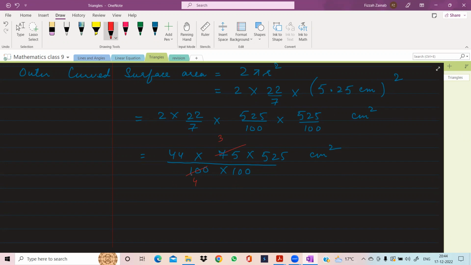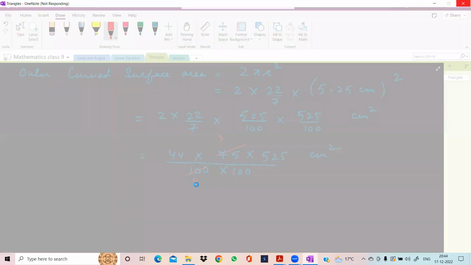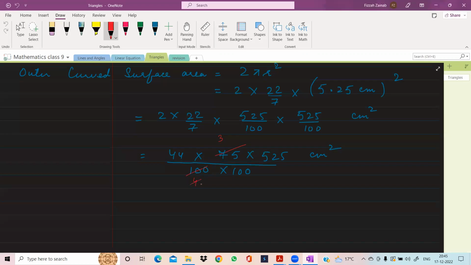Okay. Just 1 minute, my screen is hanged. Okay. So this is 4 into 1 and 4 into 11. So this just becomes 33 into 525. Now please multiply this and then you can put decimal later.